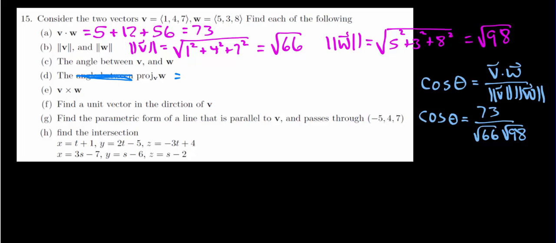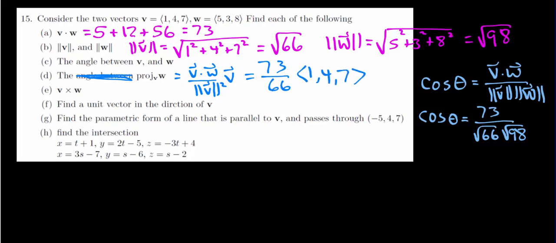Up top we've got V dot W, and down here the magnitude of V squared, times V. So in this case, that's going to be 73 over 66, times 1, 4, 7. That would be the projection.